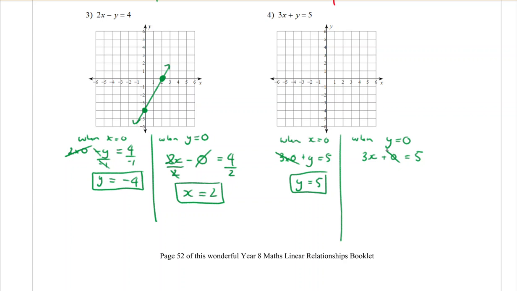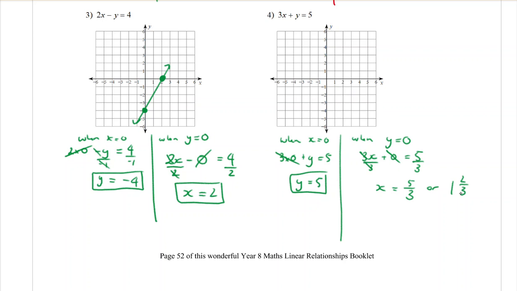Cross out the 0. But then we need to divide by 3 to get the x by itself, which unfortunately doesn't go very nicely. They're not always going to be nice whole numbers. 5 over 3 as a mixed numeral. 3 goes into 5 once with a remainder of 2. So it's 1 and 2/3.